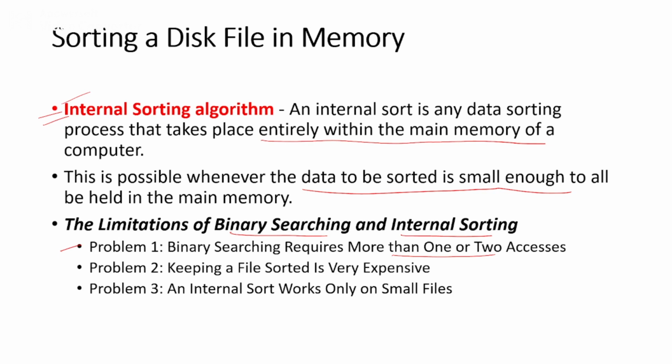That is in the sequential search, but not in binary search. But still, binary search is not going to give you direct access, like in one search you will get the thing. That is not possible in binary search. There might be more than one or two accesses. So that is one of the small drawbacks of binary searching.